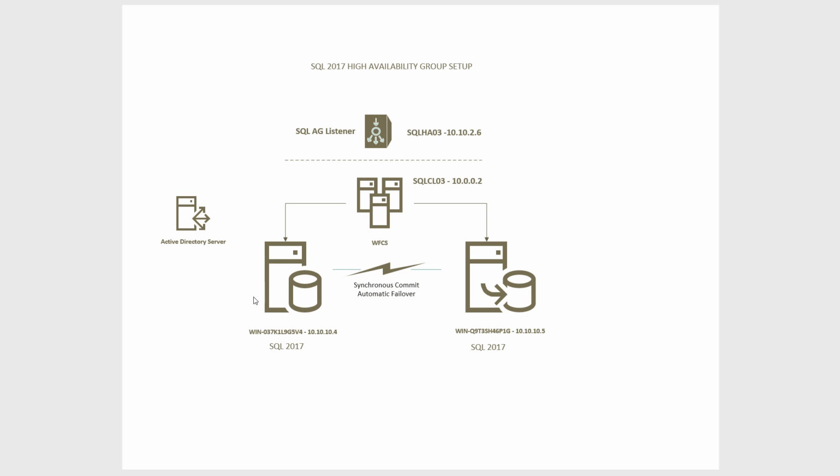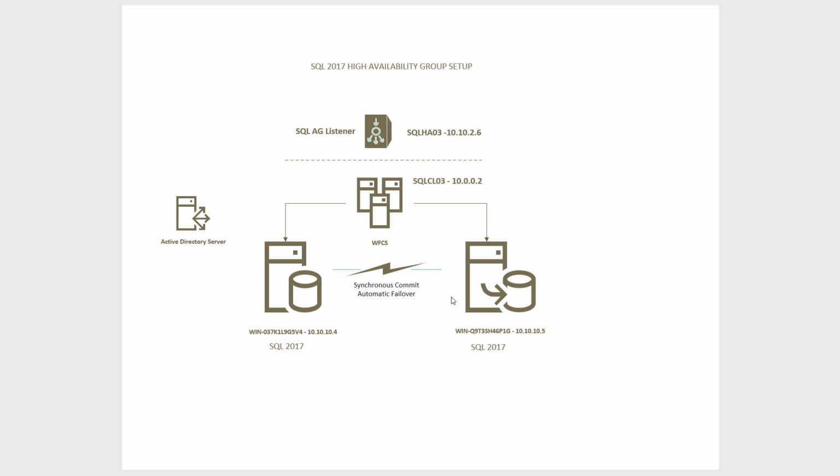These are default instances on both nodes, which I already installed, and these are the assigned IP addresses to these nodes. The setup that we'll be using today is synchronous commit and automatic failover. One will act as the primary database, and the other as a secondary database. It can be used as a read-only copy as well.